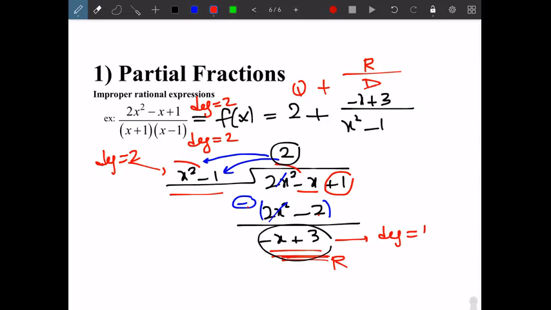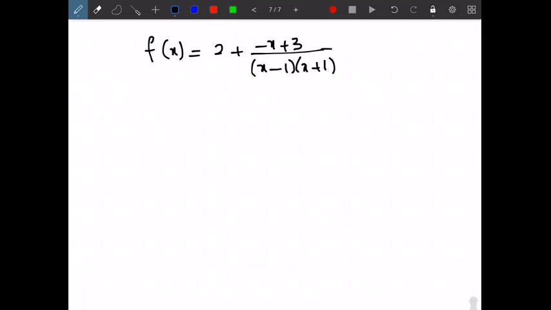Okay, so over here, f of x is 2 plus (negative x plus 3) over x squared minus 1, which again is x minus 1 into x plus 1. Now, this expression here, the remainder over the divisor, is proper, so that can be decomposed into partial fractions.